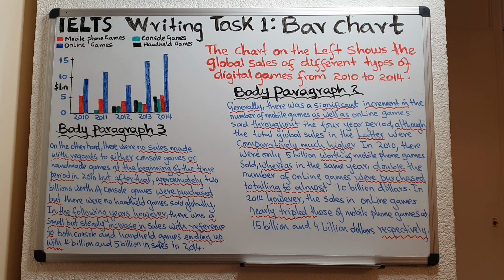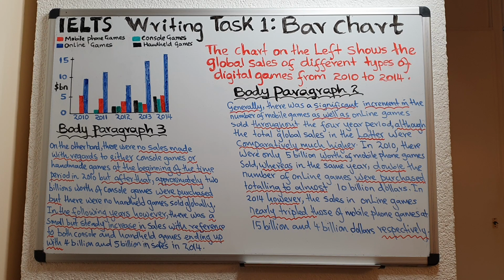Now, remember you're supposed to use numbers to support your claim. So I'm going to get into the details of what I have just introduced. In 2010, there were only 5 billion worth of mobile phone games sold.